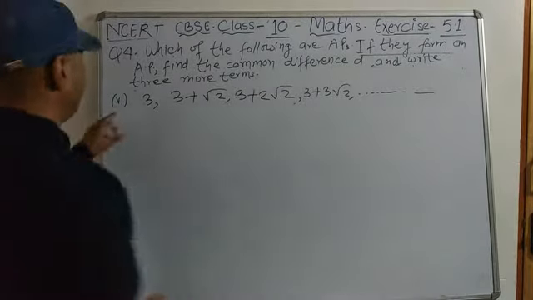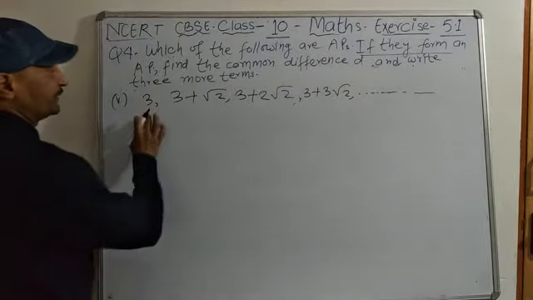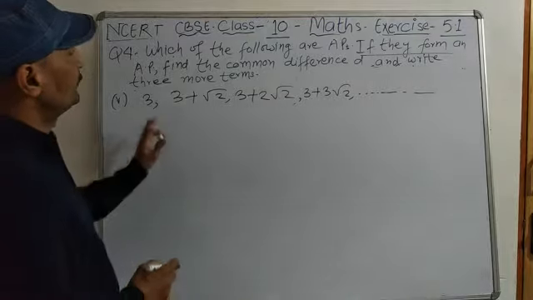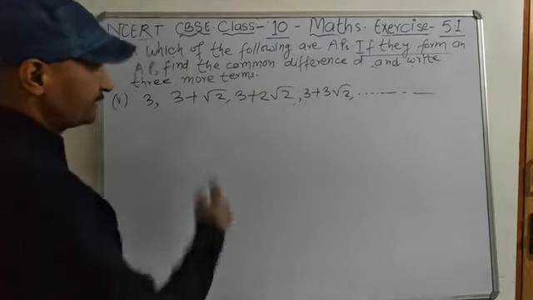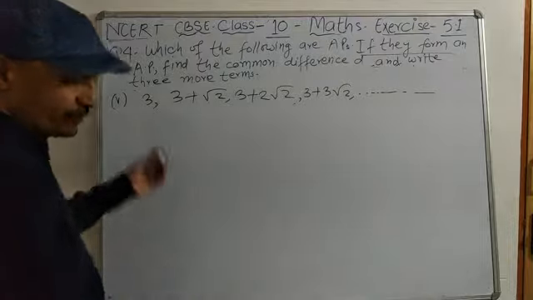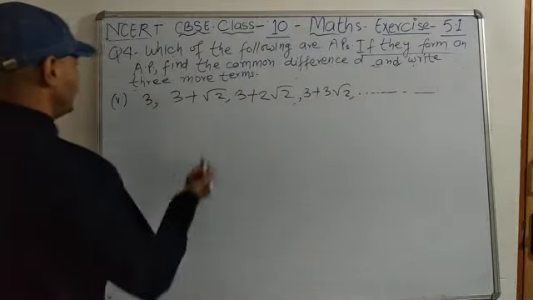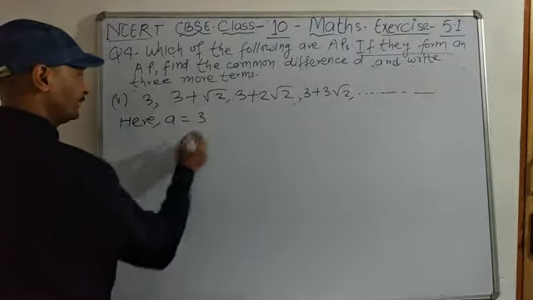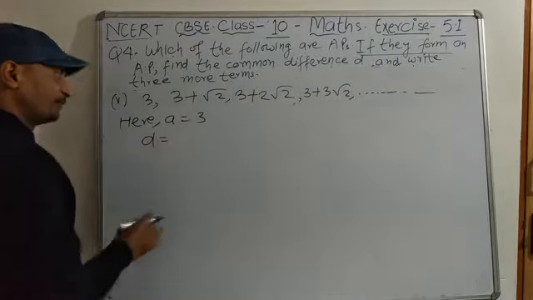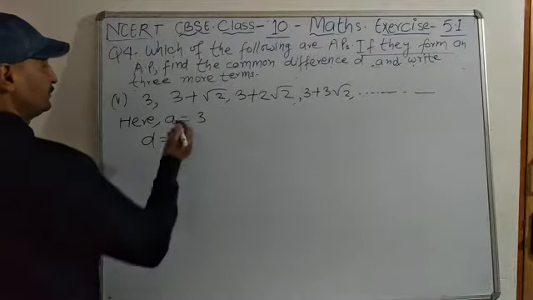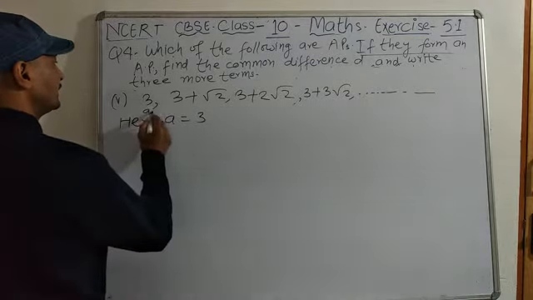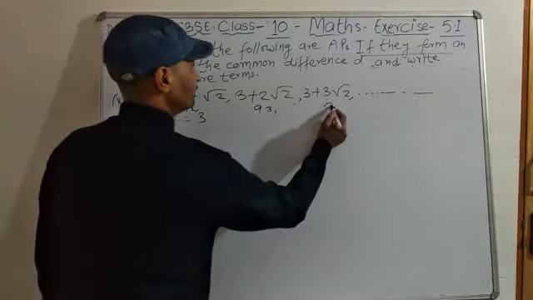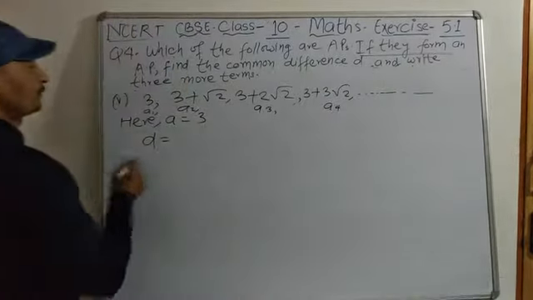Now see this fifth part is, it is the terms and we find first common difference and check it is forming AP or not. और इसको चेक करेंगे ये AP है कि नहीं. इसके लिए सबसे पहले हमको क्या चाहिए, हमें चाहिए D. Then we find D. D means like A1, A2, A3, A4.